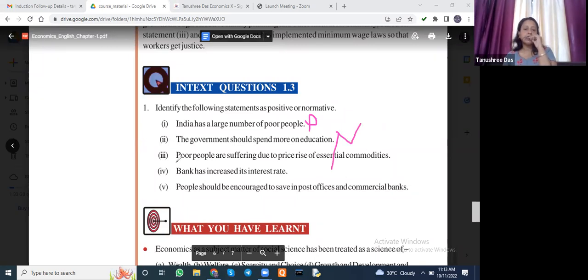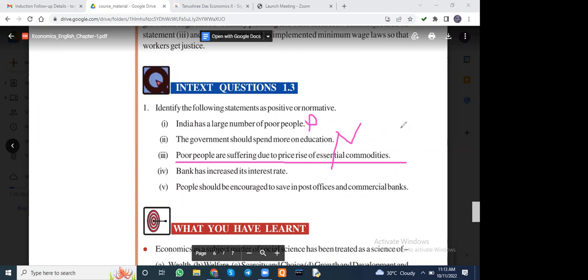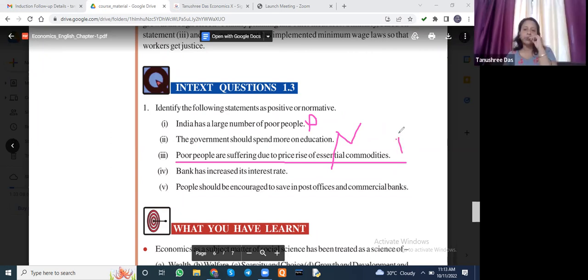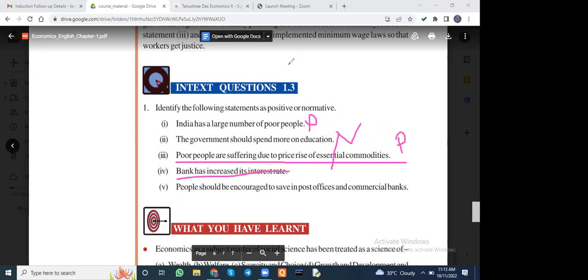Then the third sentence, Raima. Poor people are suffering due to price rise of essential commodities. Yes, ma'am, positive. Yes, they are suffering. Next: bank has increased its interest rates. Positive. Exactly.